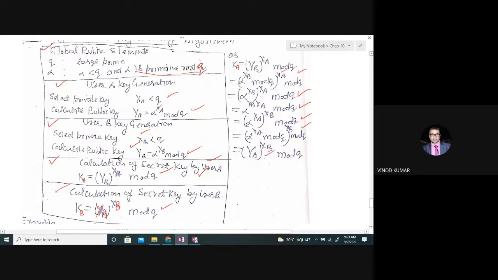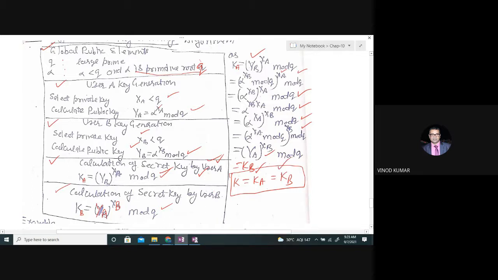So what is this? This is your k_b. Hence k equals k_a equals k_b. This is the correctness of the secret key. It means the secret key calculated by user A is equal to the secret key k_b calculated by user B; both are the same.